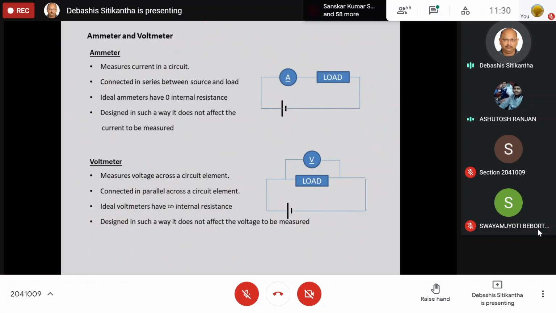What is the multimeter? Multi means it can be used to measure multiple parameters. If you have a multimeter, you will see that it has a screen like this, and over here you have a selection knob.